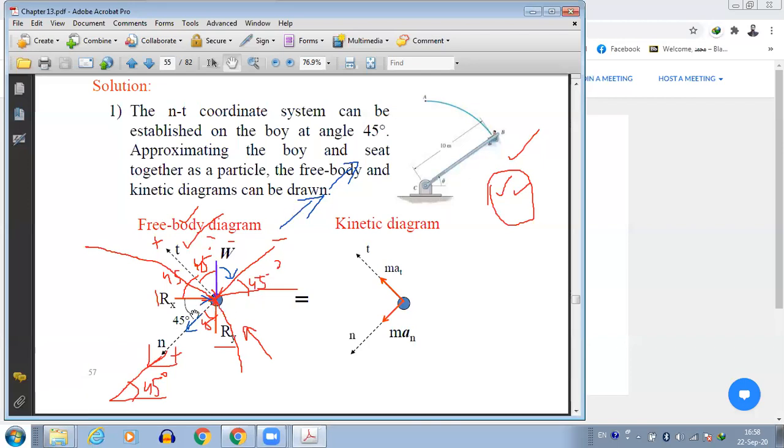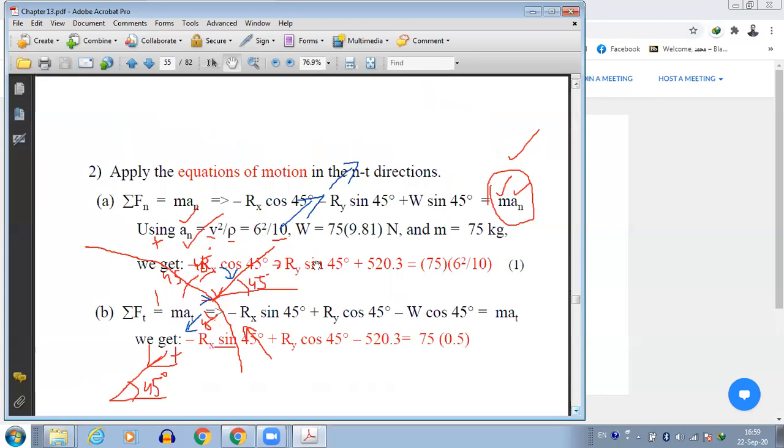It will be negative. Now if you take a projection of Ry on the normal direction, it will also be negative. And let's talk about W. If you take the projection of W in the normal direction, it will be positive. This is what I was saying. Okay, so let's go to this equation. See here, Rx negative, Ry negative, W positive.